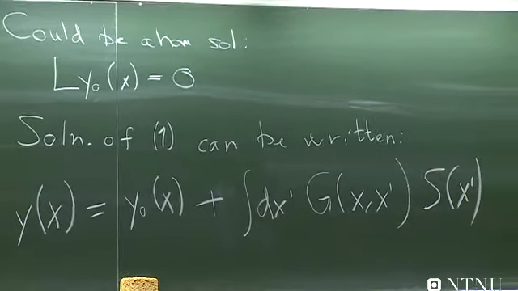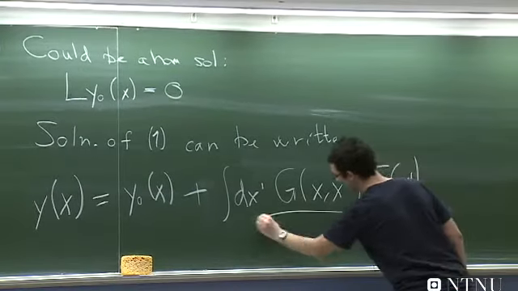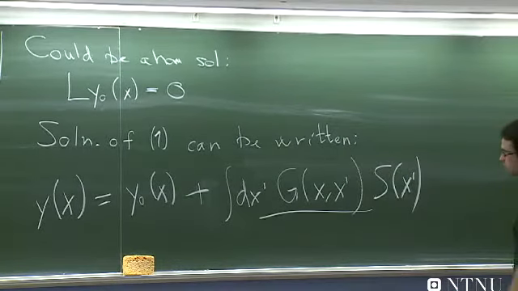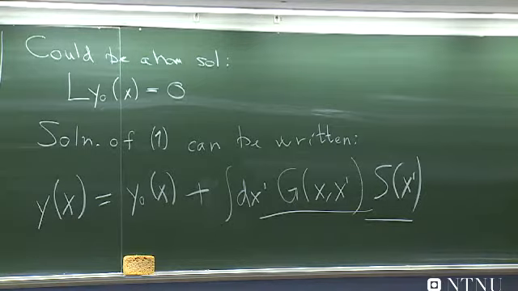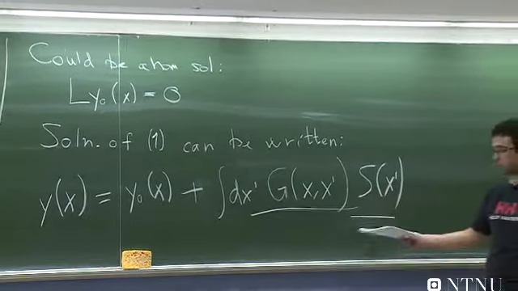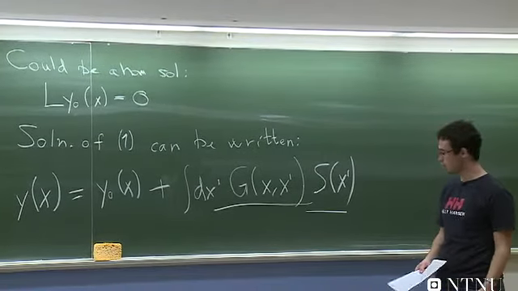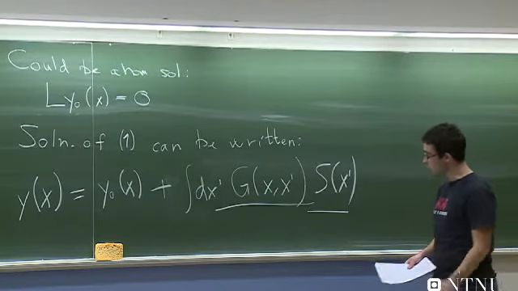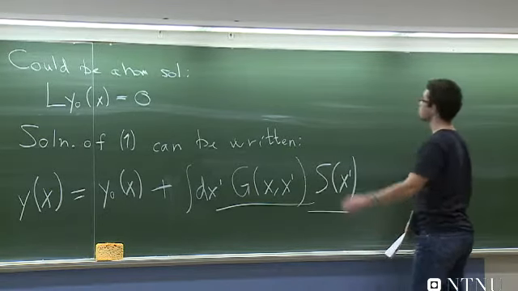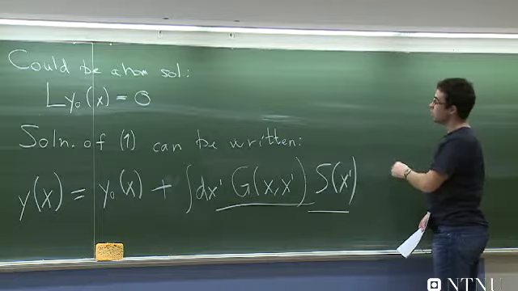And there you go. If I find the Green's function, I can insert any source function. And then just by solving this integral, I've solved the whole thing. And I can prove that this is a solution simply by inserting into equation 1.